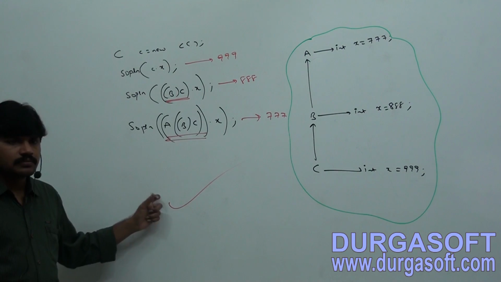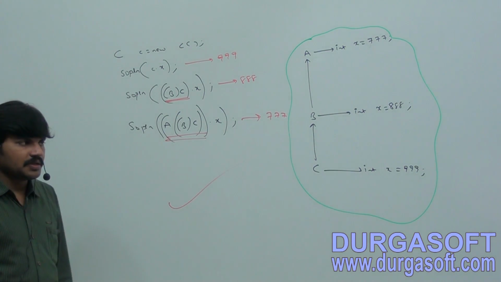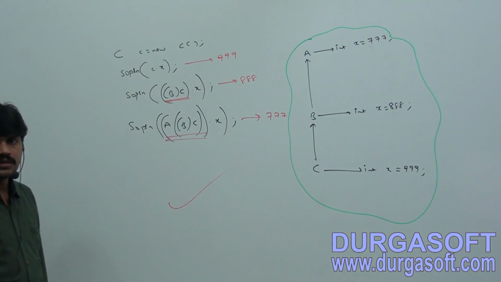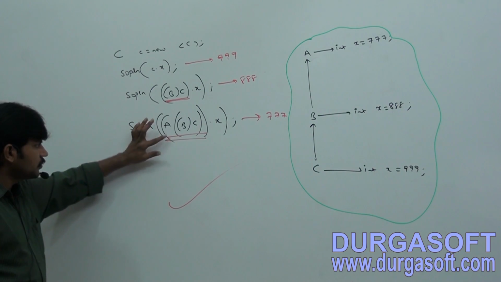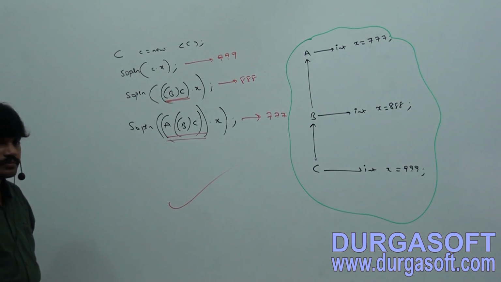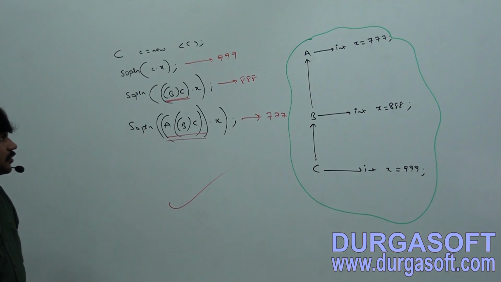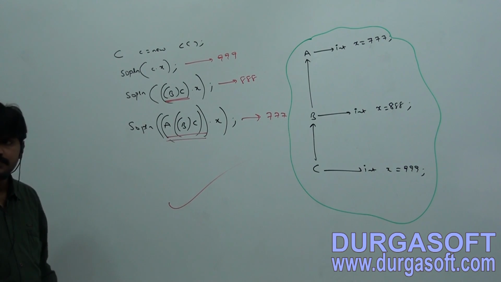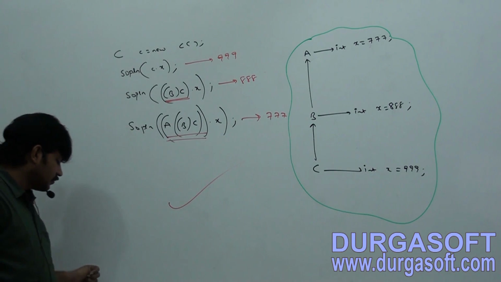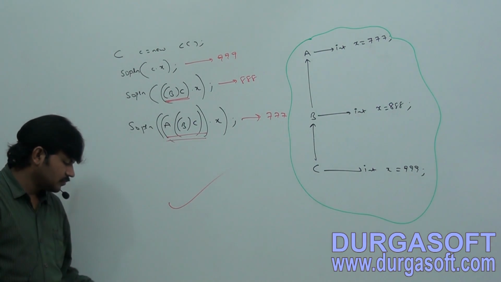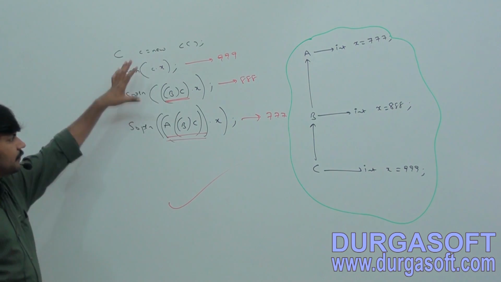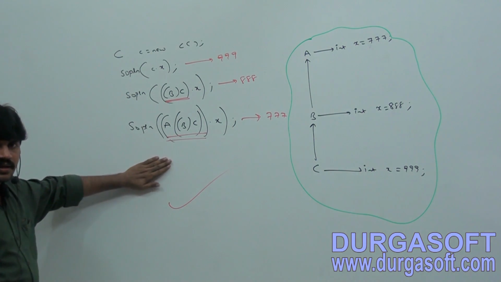Completed, I hope. Now the answer is 999, 888, 777. Completed, right? Okay. After this add the theory, right?